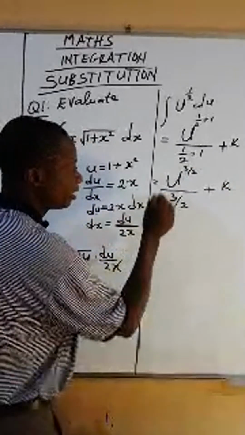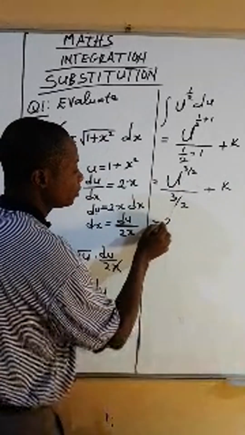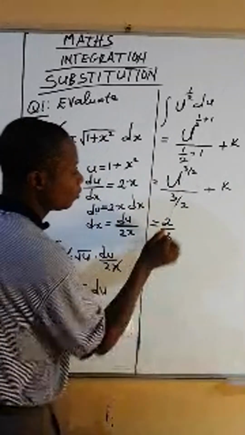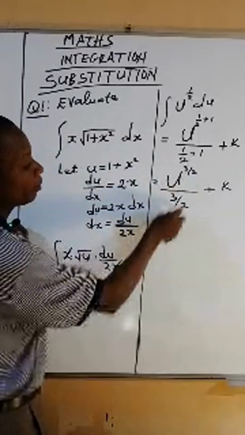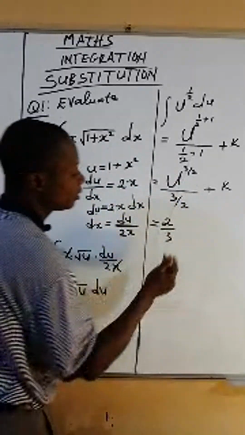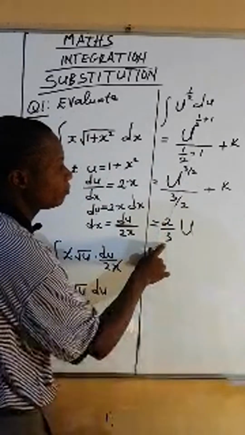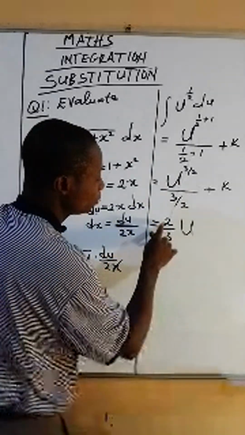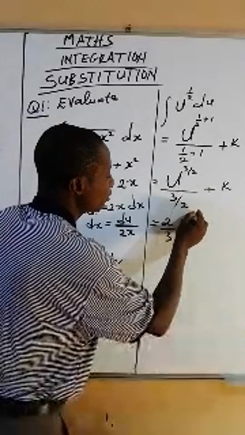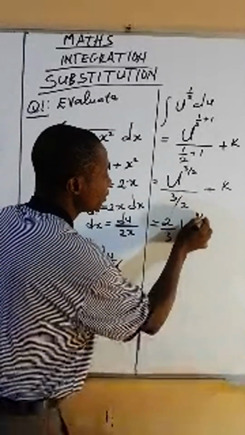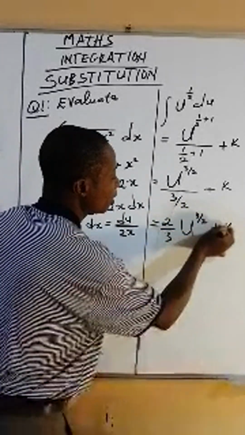And this will finally give us 2 over 3. When you invert this one here, this 2 will come here, then leave 3 below it. So we have 2 divided by 3, u to the 3 over 2, then plus k.